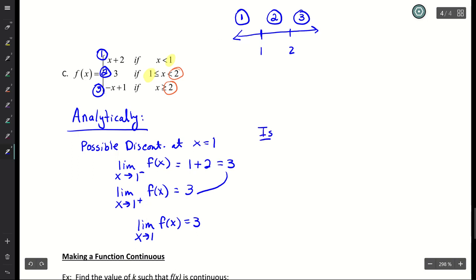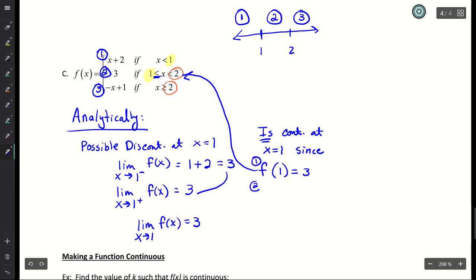So we're going to say f is continuous at x equals 1, since if we actually use the function and evaluate at 1, we'd be plugging into the middle function because that's where it's defined. That value would be 3. So there's the first part of our continuity definition satisfied. The second piece is that the limit as x approaches 1 of f of x exists, which we've said it does.